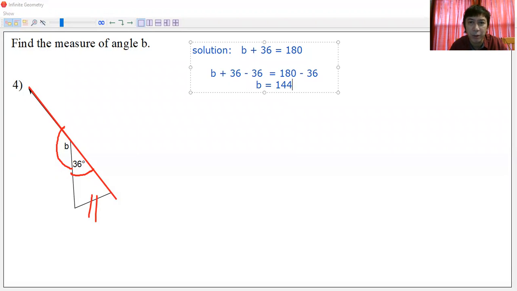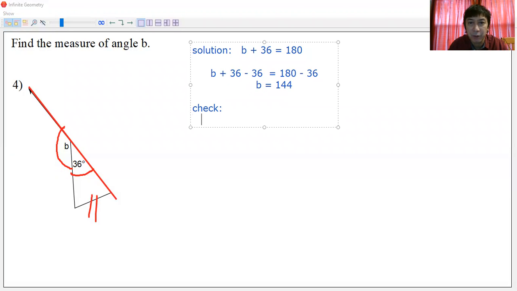Angle B is 144. You can always check your answer. For you to check the answer, you get your given, which is B plus 36. At this point, you already know your B. So when you add the B and the 36 degrees, it should amount to 180.